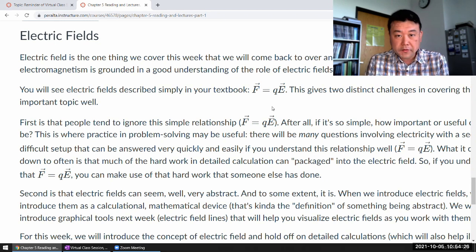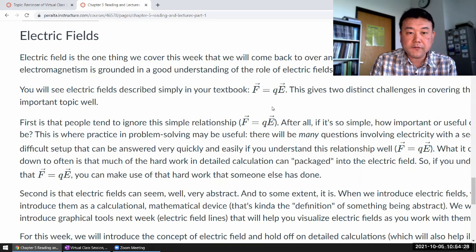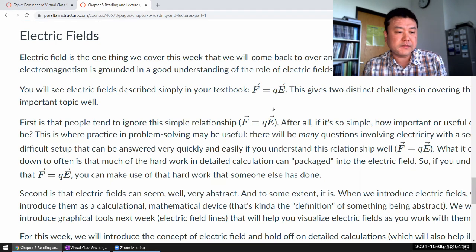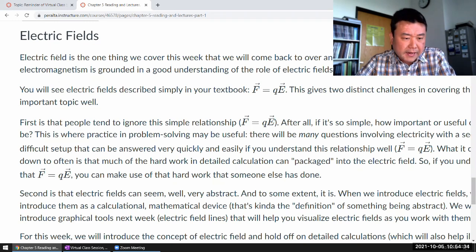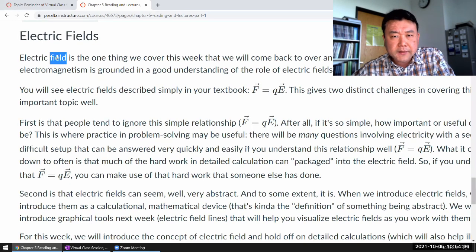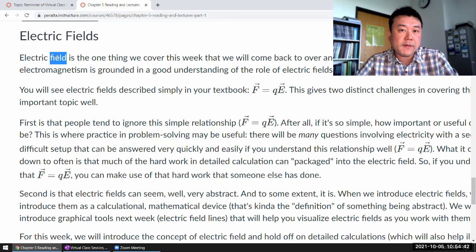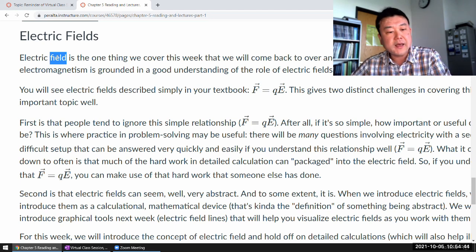One of the things you will see us cover this week is the idea of electric fields. The field idea is something you might have seen in an earlier physics class when we covered gravity in Physics 4A. We can talk about a gravitational field.